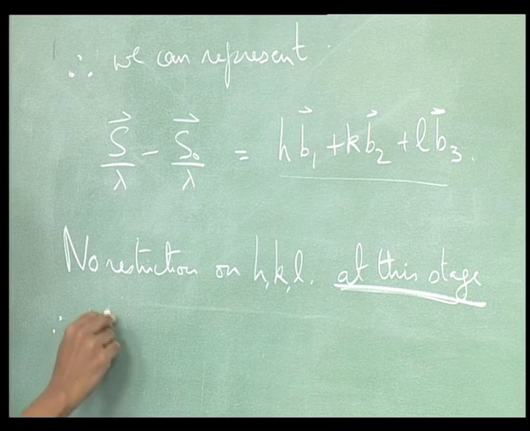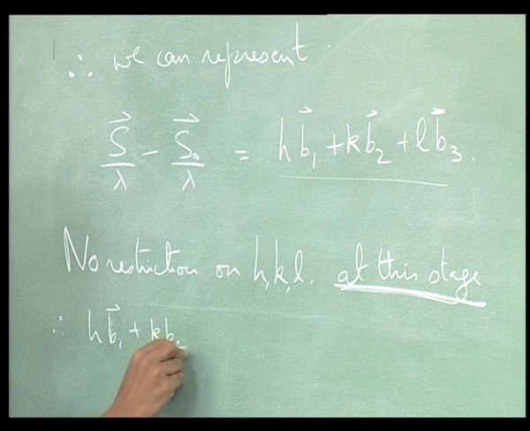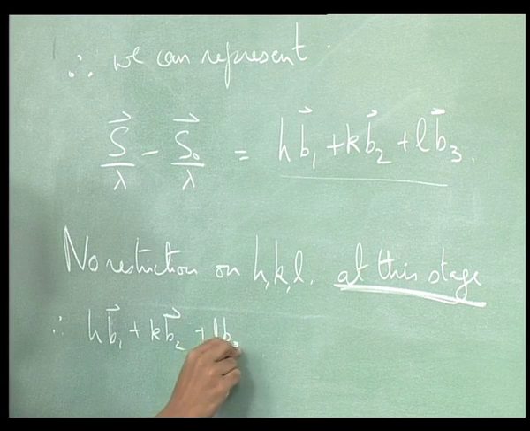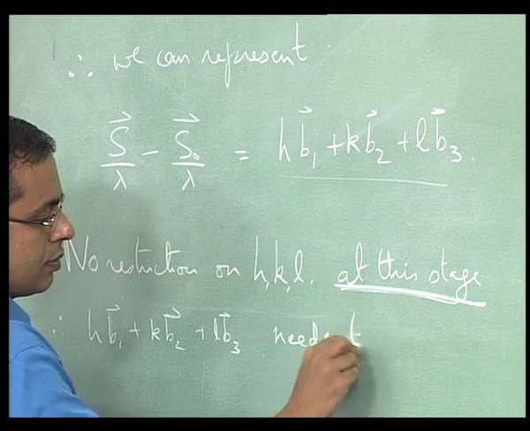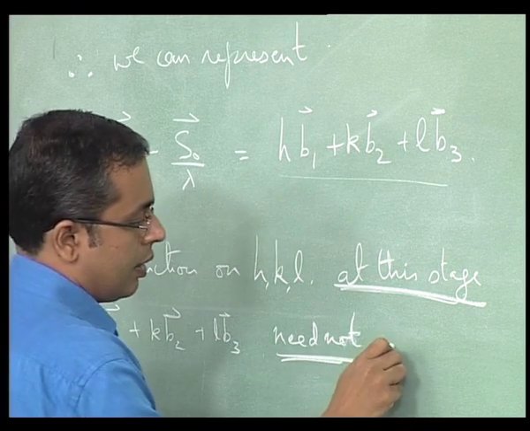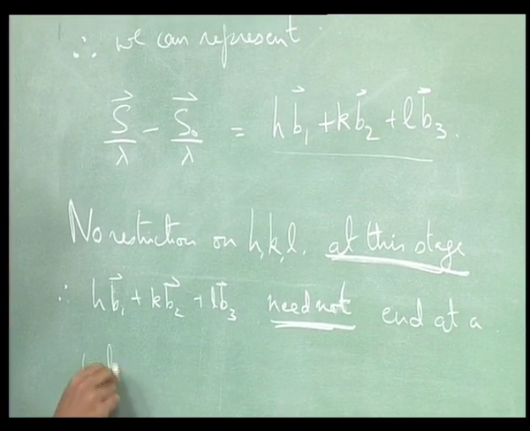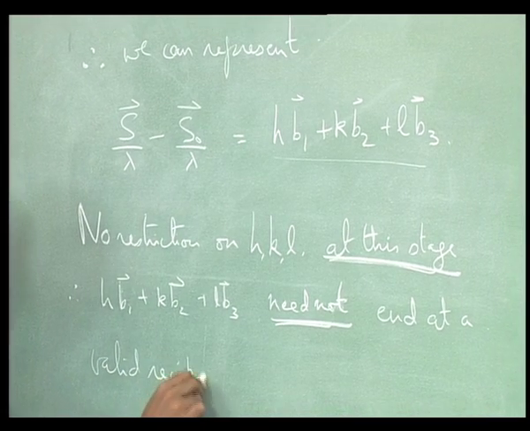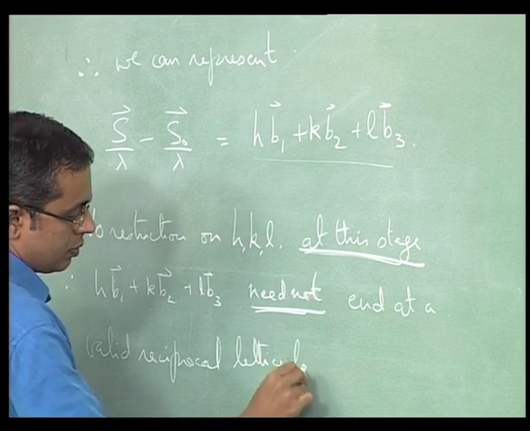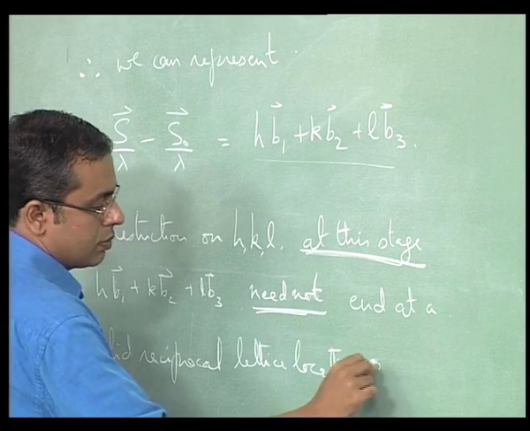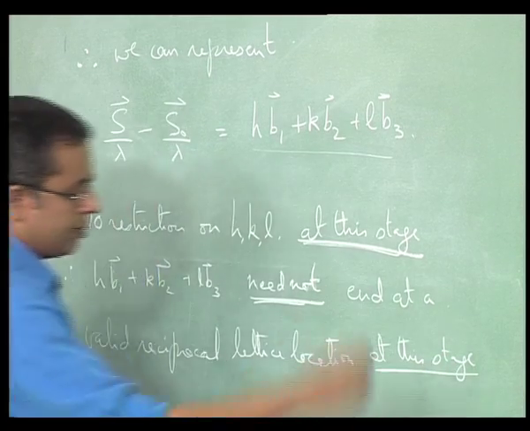Therefore, HB1 plus KB2 plus LB3 need not end at a valid point.